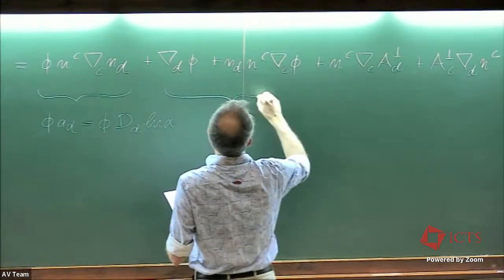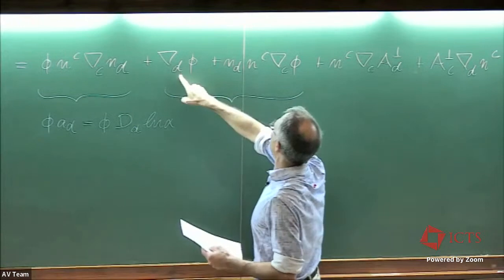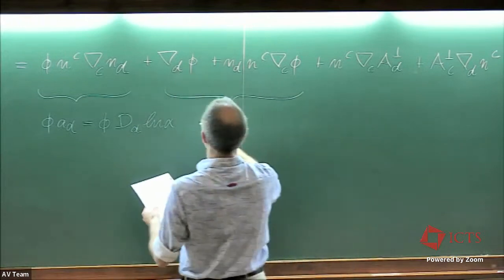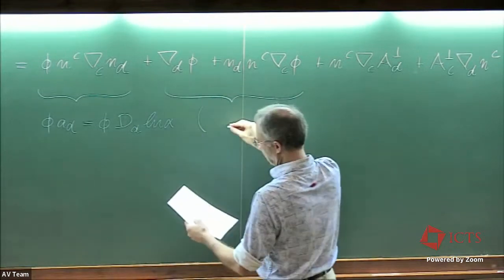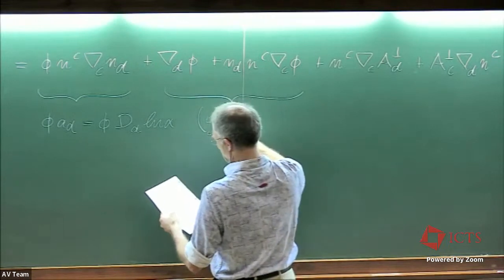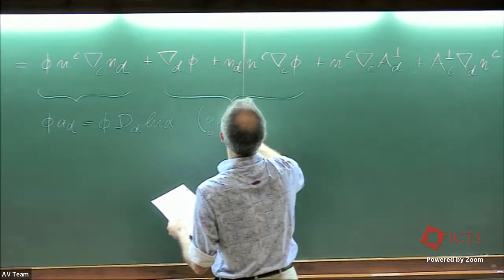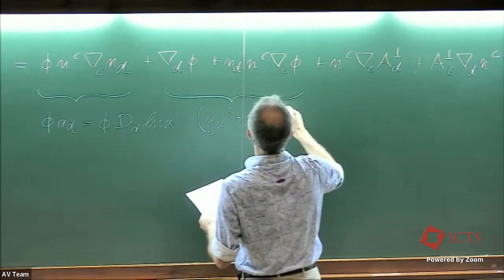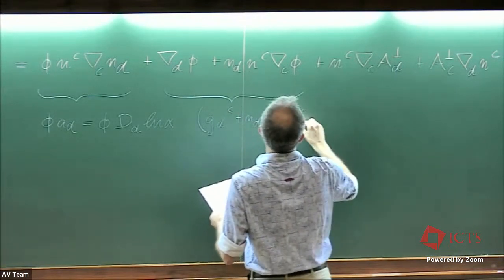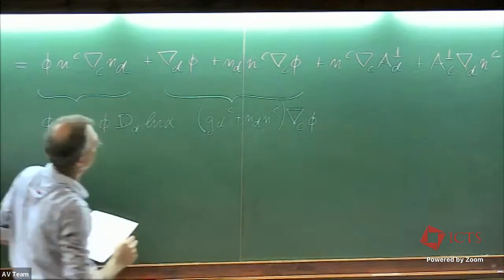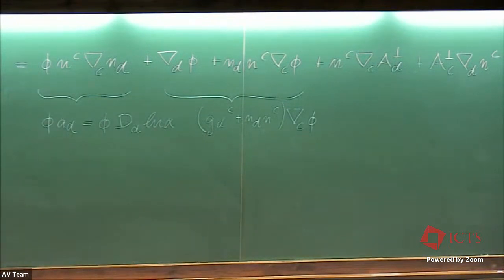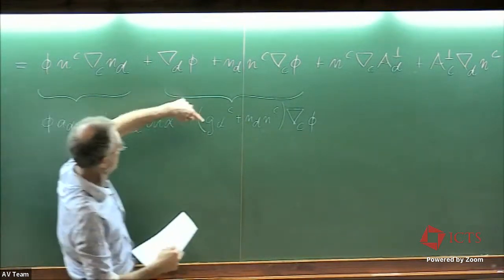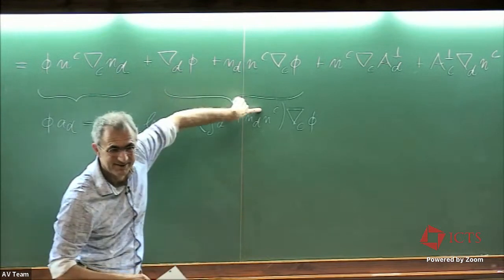How about the next two terms? Well, notice that in the first term, I can rewrite the first term by inserting a delta. Then I would get a G, D, C, and then a plus ND and C times the gradient of phi. You agree? But this, you recognize, is the projection operator.